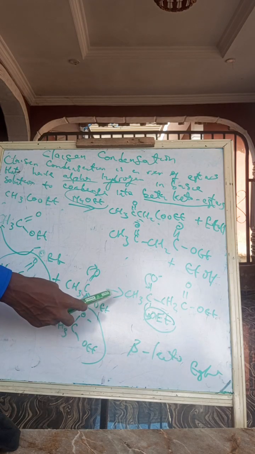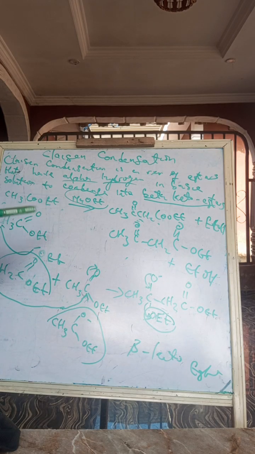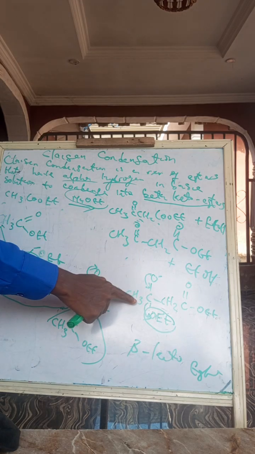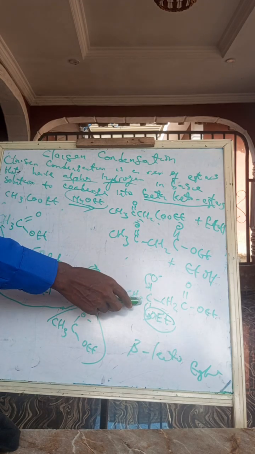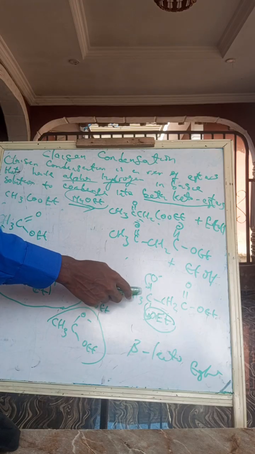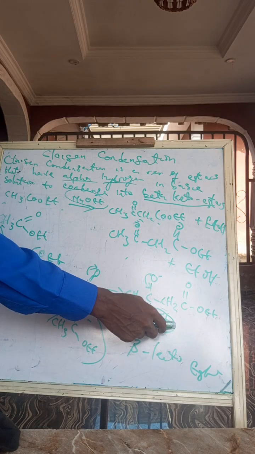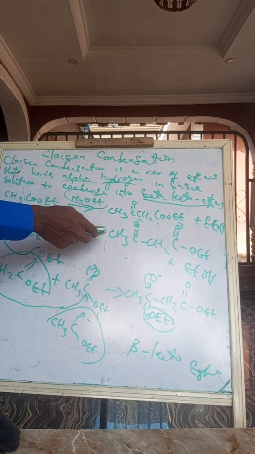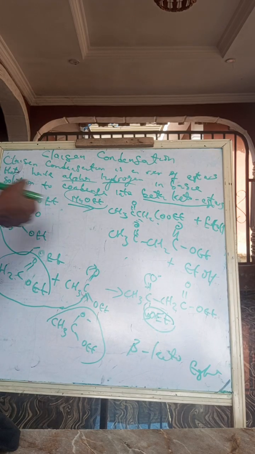Now in this case of Claisen condensation, we don't hydrolyze to form a hydroxy group. The pi bond that has been delocalized, we bring it back through the resonance effect. The moment the pi bond enters, there will be elimination of this group.